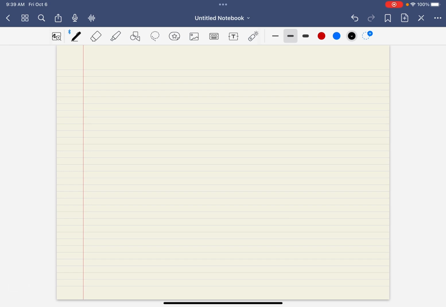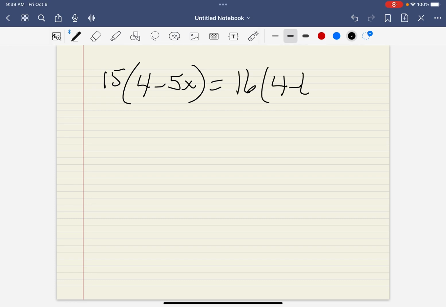Okay, down at the bottom of the page, we have 15 parentheses 4 minus 5x parentheses equals 16 parentheses 4 minus 6x and then plus 10.